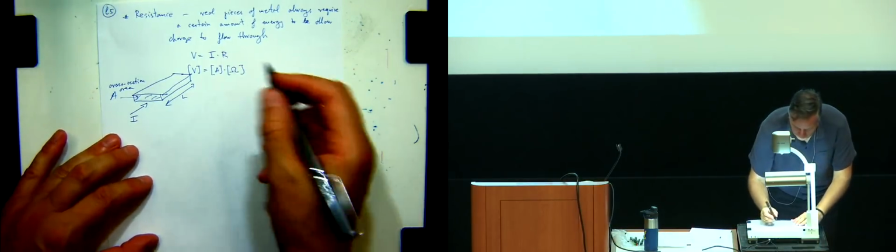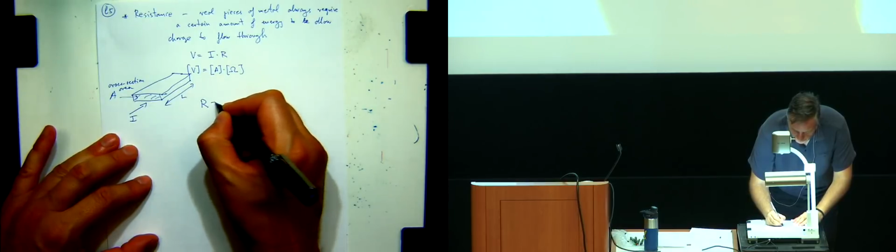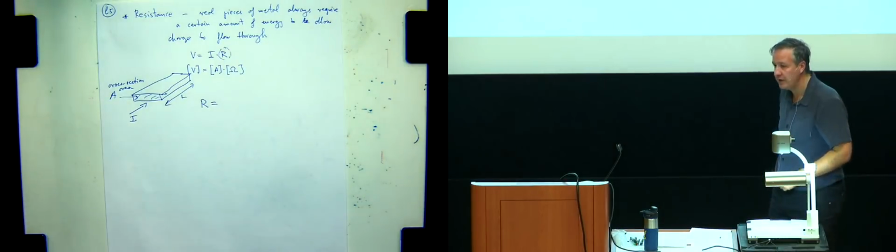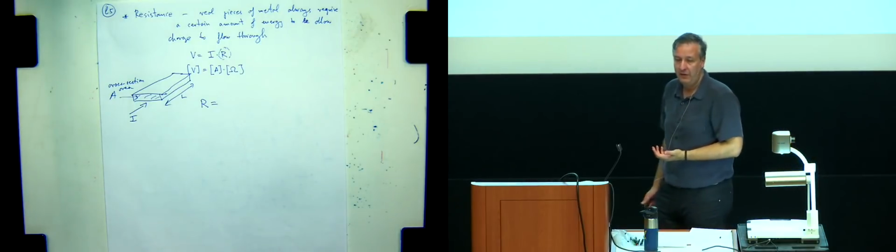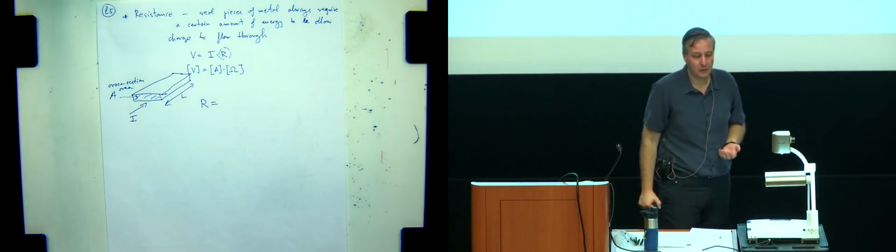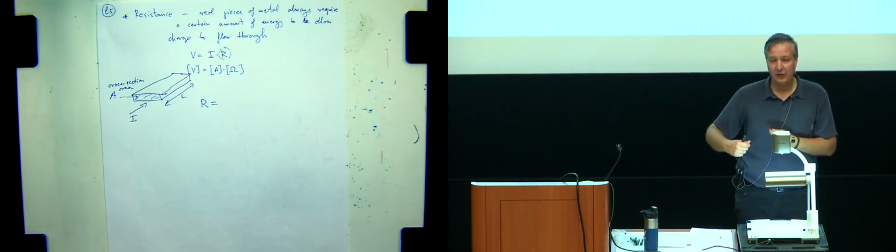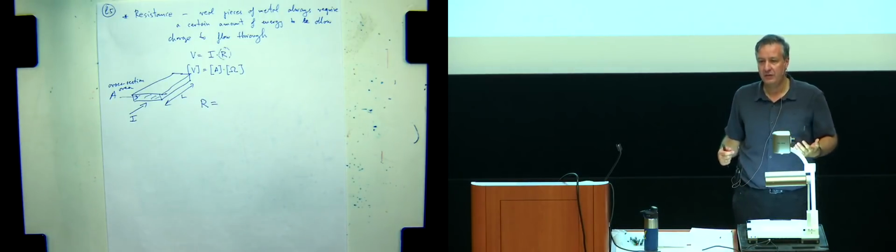So we want to try to specify this R. What is the resistance of that conductor? How much will that material resist the flow of electrons, or charges?